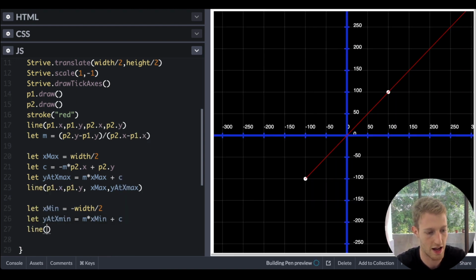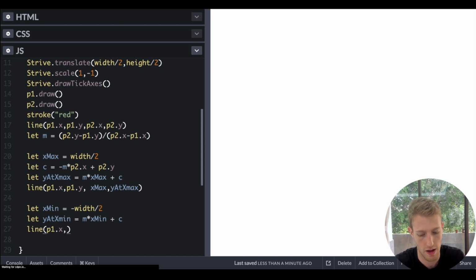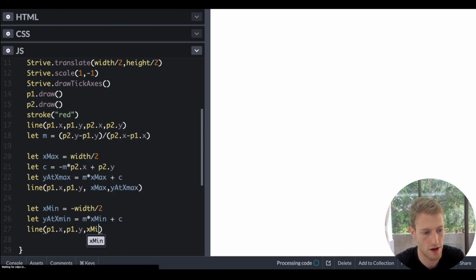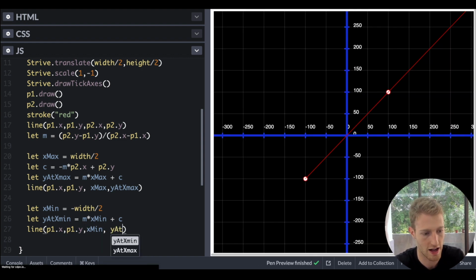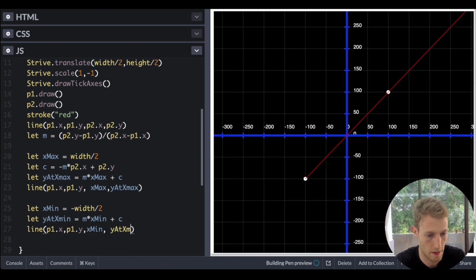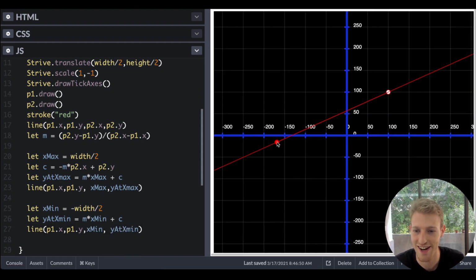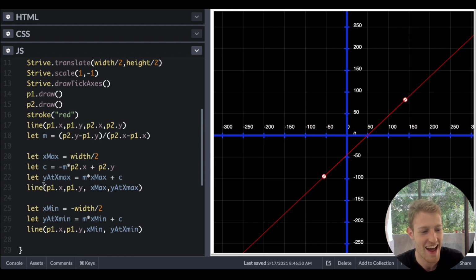And we're going to say line from p1.x, p1.y to x min, y at x min. And now we're going to get our full line that goes throughout the page, right? How beautiful and lovely is that?